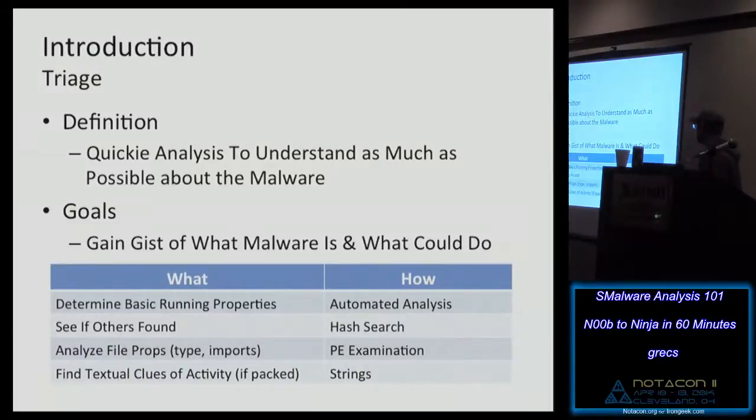And then analyze the file properties, looking at things like the type of file it is and the type of libraries that it's importing. Basically that's called PE examination, where the PE is the header of a file, or an executable. And last but not least is strings. This is just awesome.